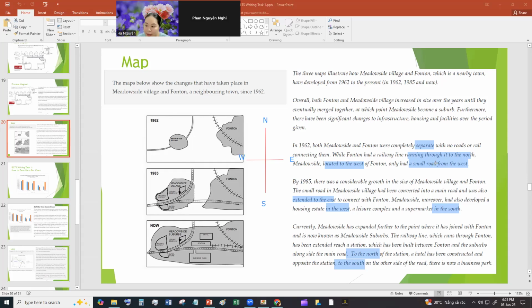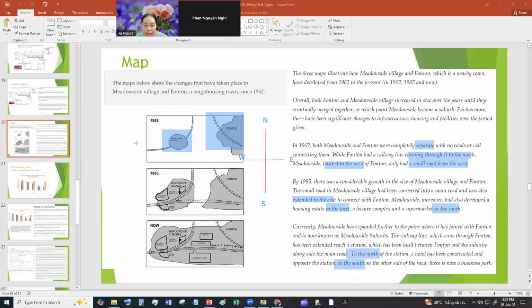Now, there will be some different prepositions to use with the location. What is the difference? Okay, so firstly, let's have a look at the first body paragraph, running through it to the north. Fountain had a railway running through it to the north. So to the north is a prepositional phrase, going towards the north. To the west is here, to the west, a fountain.